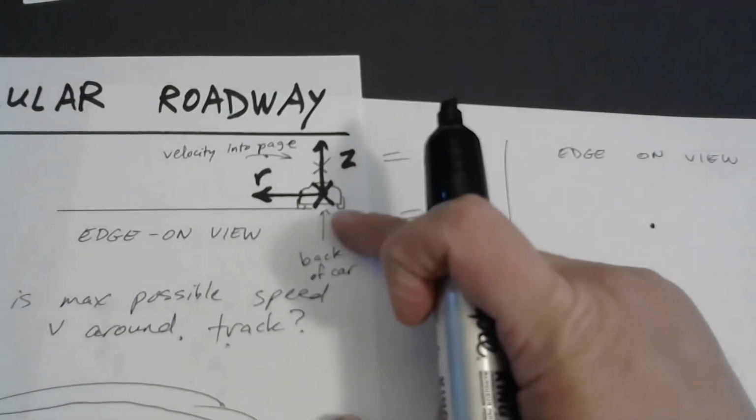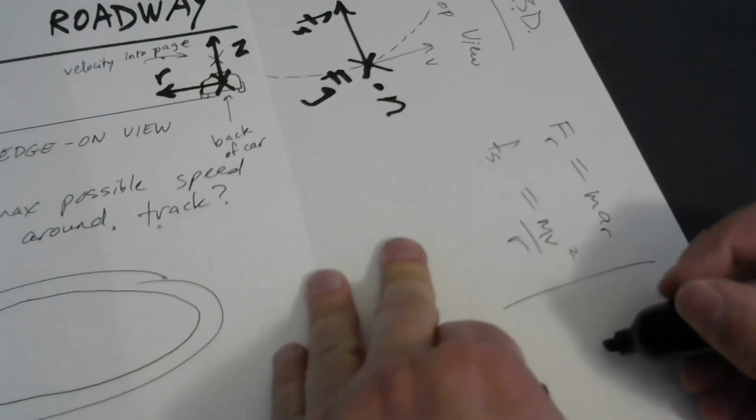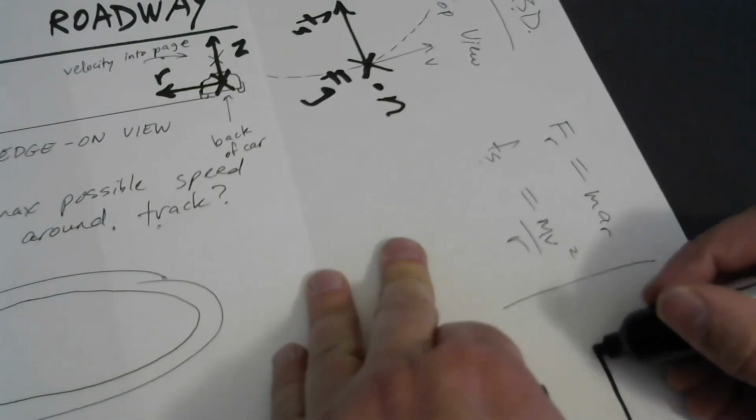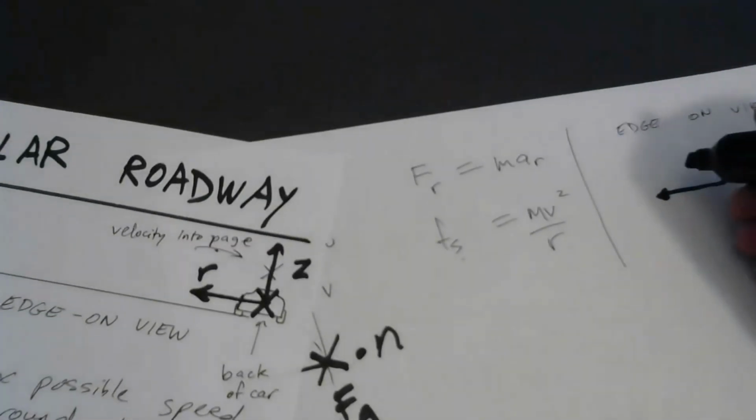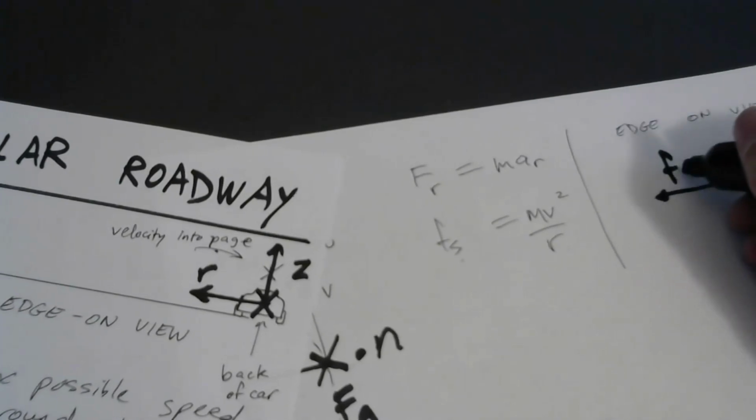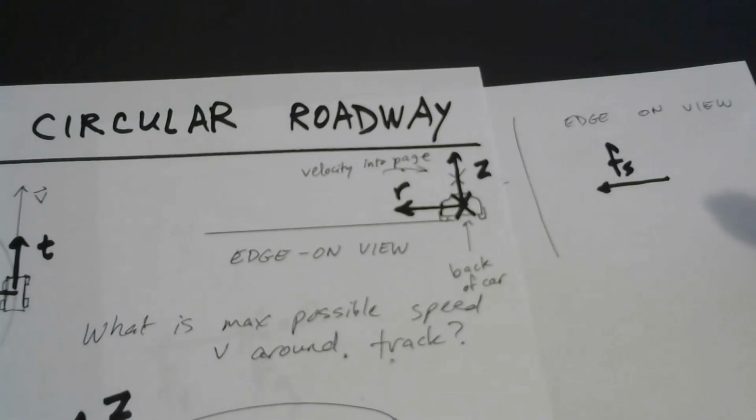Now these are unit vectors. Now I'm drawing forces. Okay, so we've already established the friction is what points towards the center. That's static friction. By the way, the static friction that forces your car to turn, to me, it's almost exactly like when you're running in tennis shoes and you want to turn left, let's say.